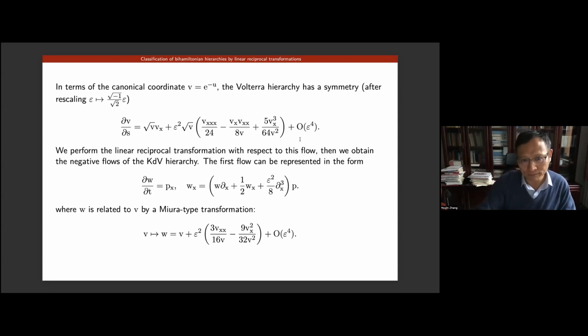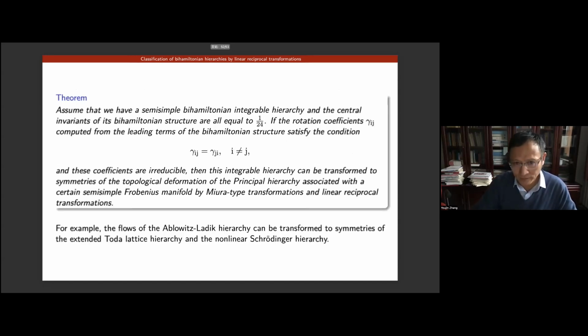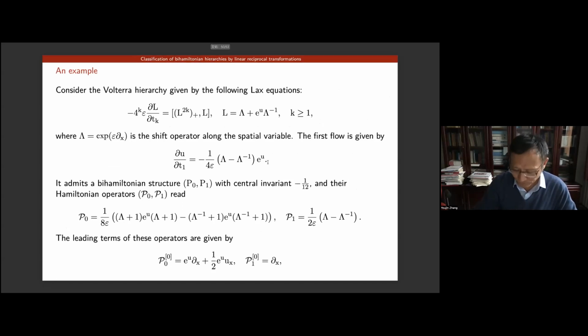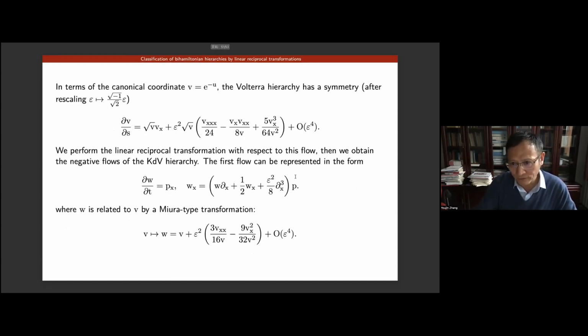Using this reciprocal transformation, we can transform the original Volterra equation to the first negative flow of the KdV hierarchy, which is represented in this form.